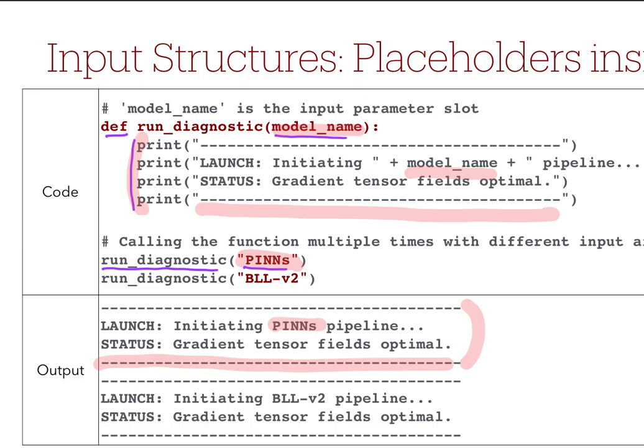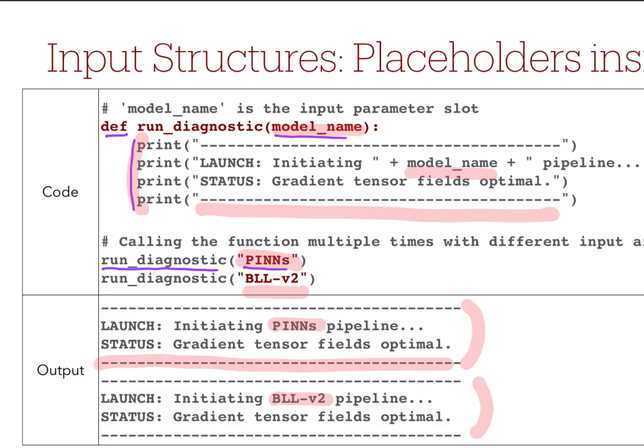Right after that point, the variable model name will be erased from the memory. And then when I call run diagnostic again with a new value, BRLv2, my model name variable will be created again with a different value, BRLv2. So when I call that function, those 4 lines will be printed with a different value for model name. In this way, I can provide certain information to the function.